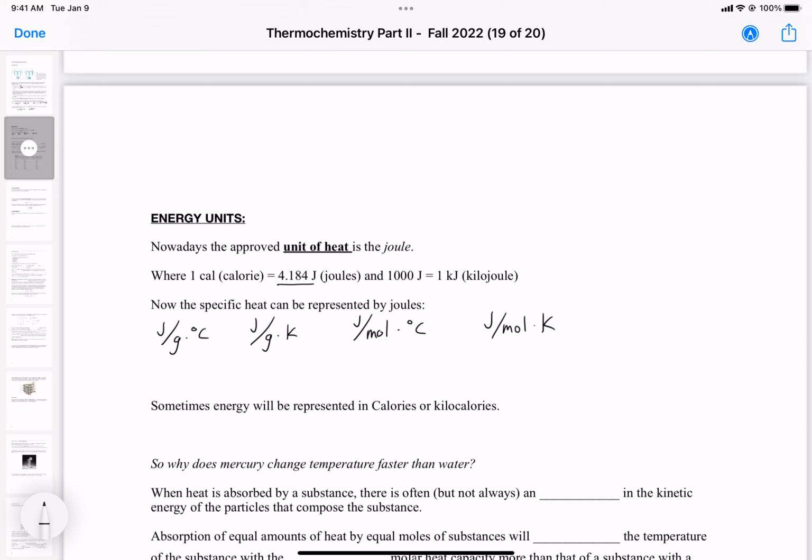Sometimes the energy will be represented in food calories. A big calorie is a capital Calorie. That's what we call food calories. So the conversion is 1,000 calories equals 1 Calorie, also called a food calorie, and this is also equal to 1 kcal.